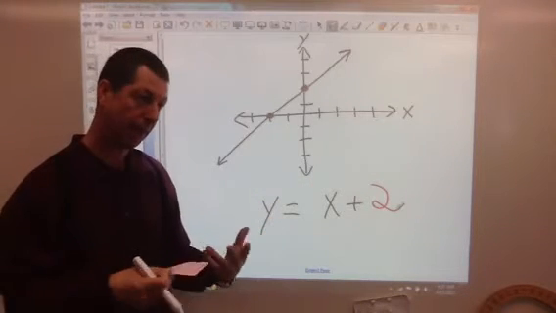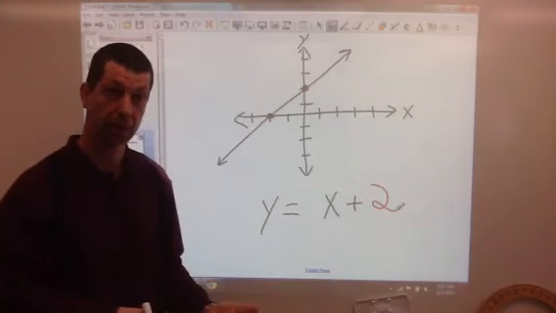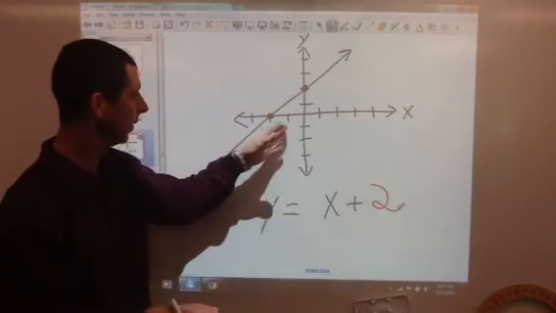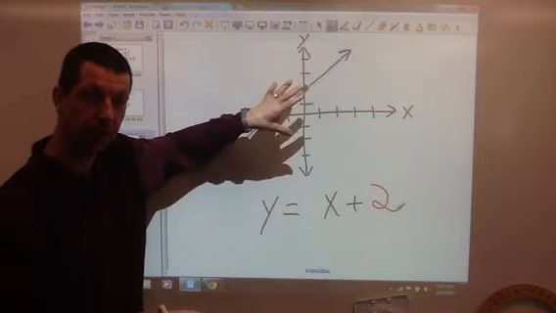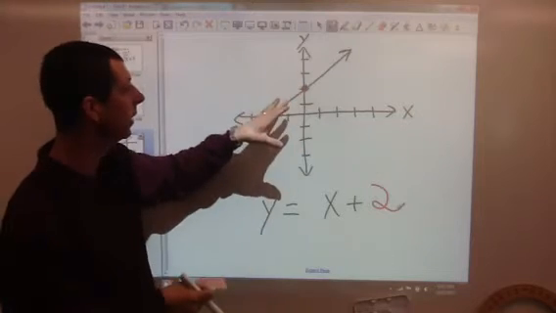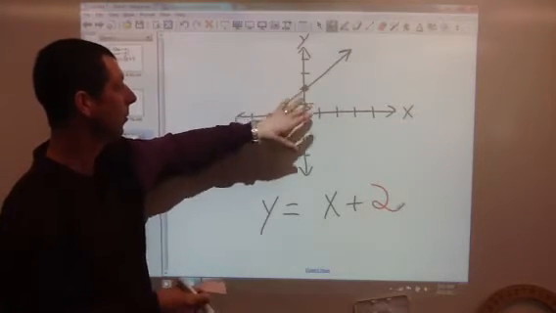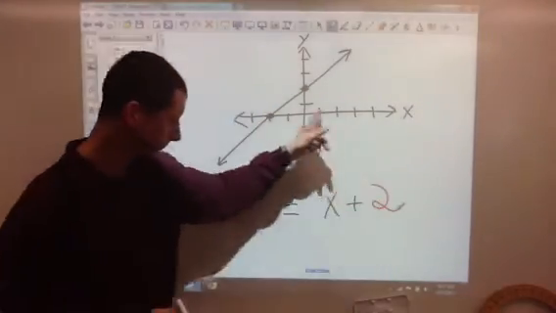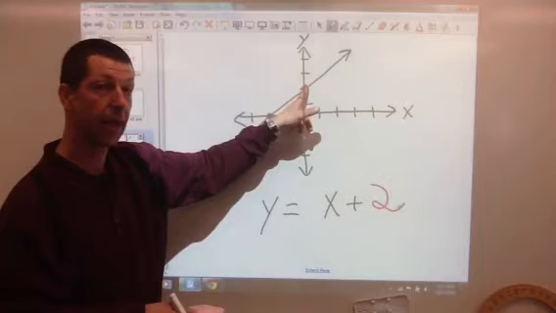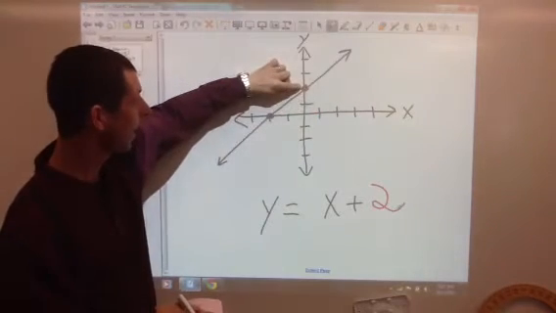Now, back in chapter 8, section 7, we worked with taking a coordinate grid like this and finding the slope. In this case, we're going to be kind of working backwards. We're going to start with the y-intercept, and where do we have to go from here?